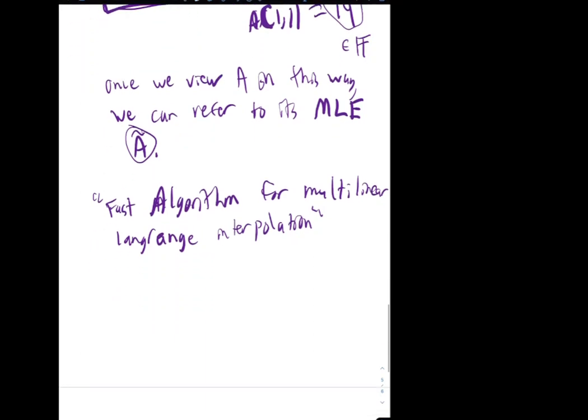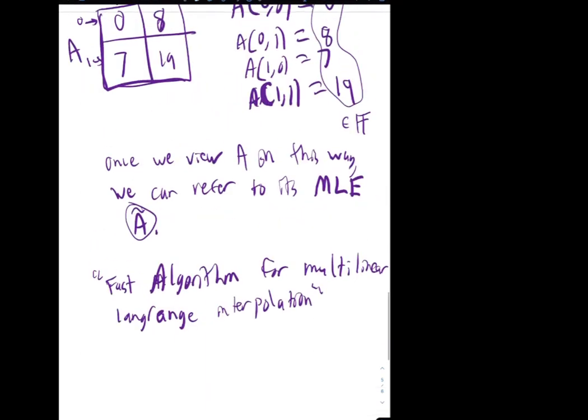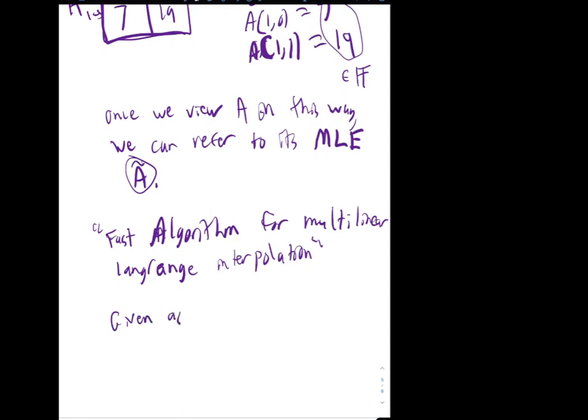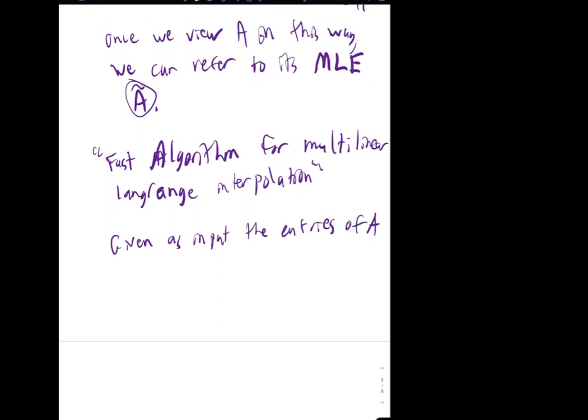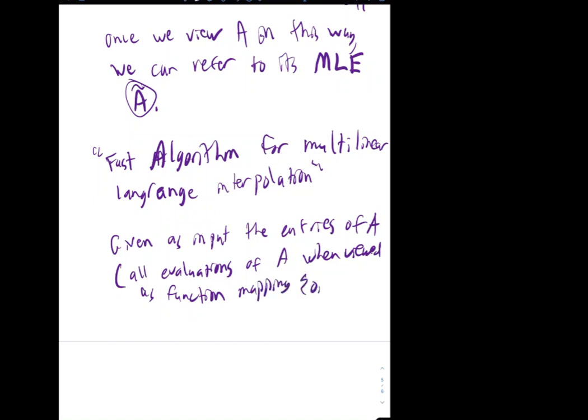The algorithm is given as input all evaluations of A, when we view A as a function mapping {0,1}^(log n). All my logs today will be to base 2, so I'll stop writing base 2.